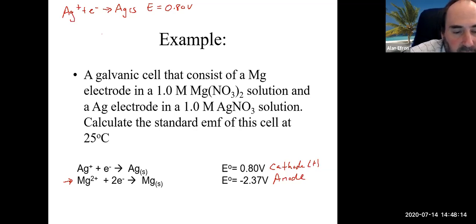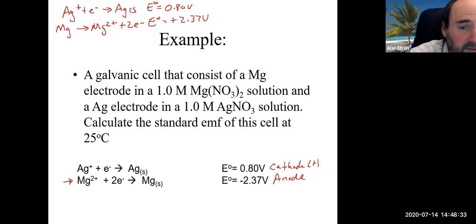We would reverse the bottom one, which means we would have the magnesium going to magnesium +2 plus a couple of electrons. And now, since we reversed it, to write the correct value, it would be positive 2.37 volts.